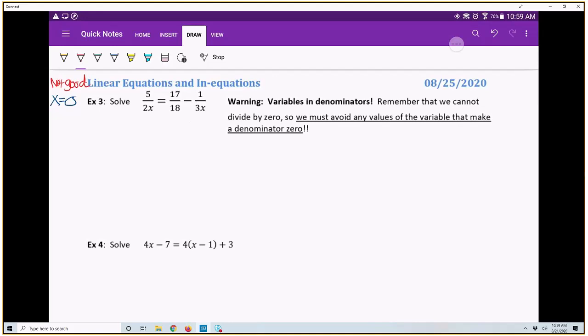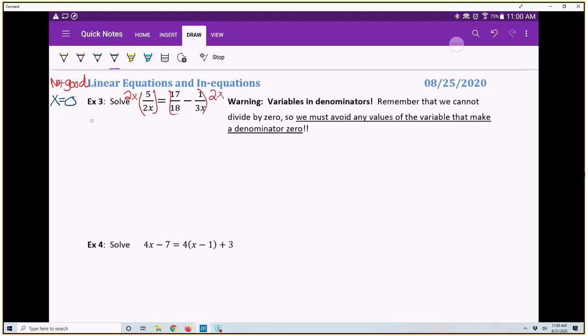Okay. So let's just keep that in mind and start working through the problem like we did in the previous exercise. So I'm going to multiply by 2x on both sides to try to clear my denominator.